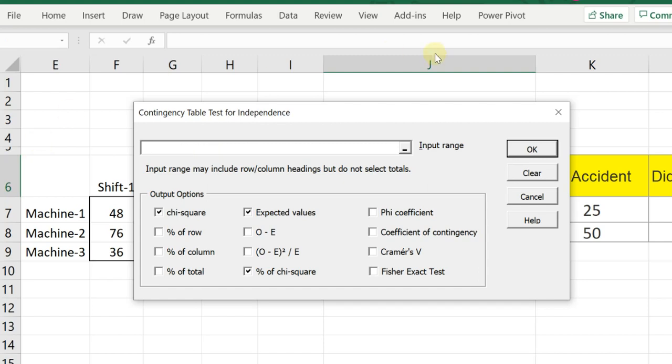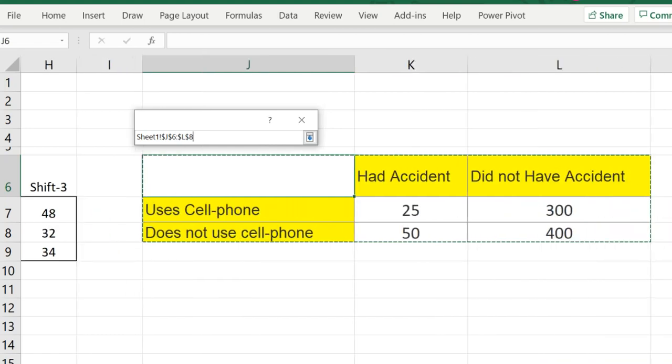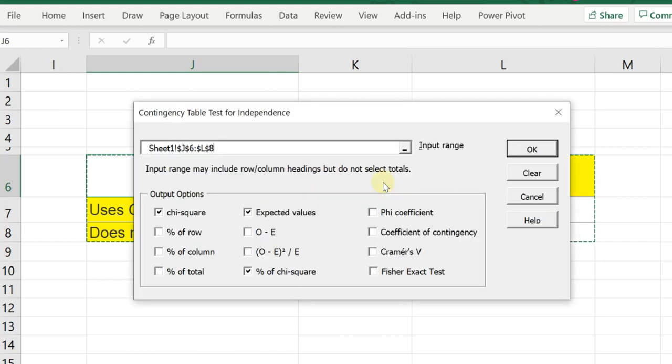Our input, erase the previous input, that's new input. I'm going to highlight this for my table. Let me show you. You see what I highlighted? This is for our new example. Enter. And right in here is what I was talking about.